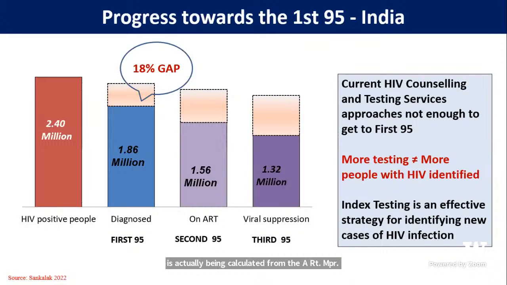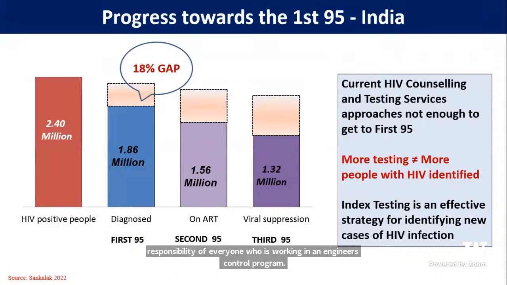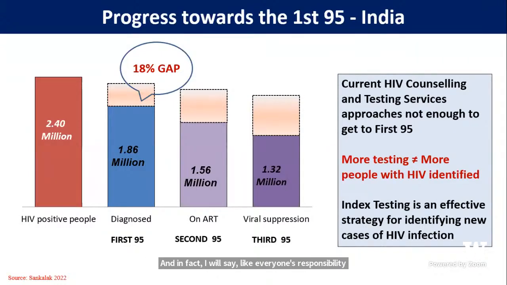It's not the work of one person and not of another. It's the equal responsibility of everyone working in the national AIDS control program, and in fact everyone's responsibility to make people aware of HIV and to motivate them to get themselves tested at the earliest if they have any sort of exposure to HIV, or if they perceive themselves at risk of getting HIV.